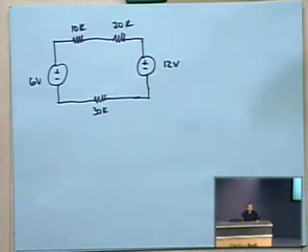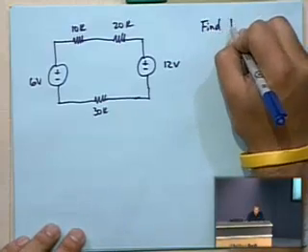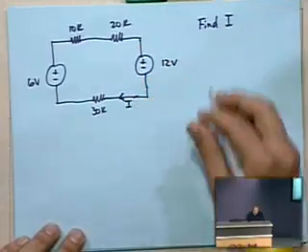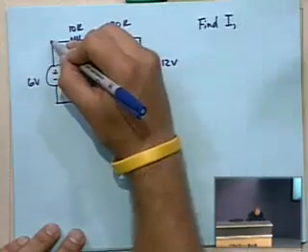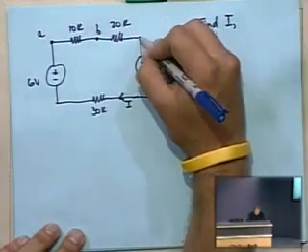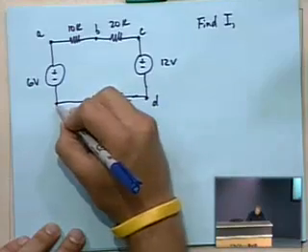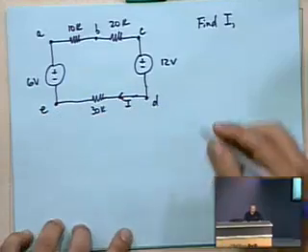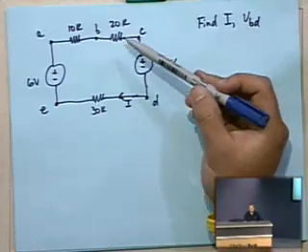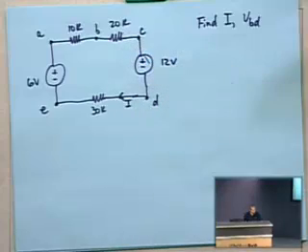The things that we want to find: I, which is just the current that's going to be running around in this circuit. We need to label all these nodes: A, B, C, D, and E. We want to find the voltage VBD, so the voltage across the 20K resistor as well as including the 12-volt source.